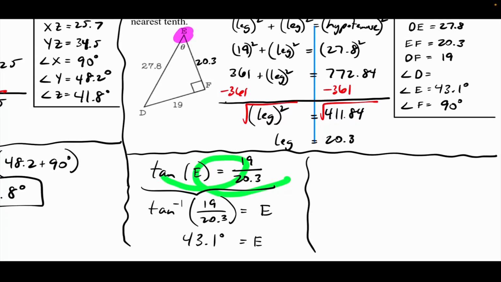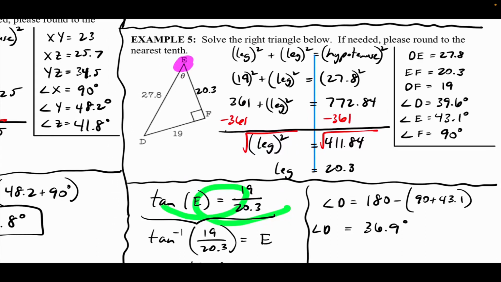Last part. You can do sine, cosine. You can do this again. Or you can just see, since I know two of them, what's the third one got to be? Well, they all got to equal 180. So for angle D, it's got to be 180 minus the two that I have. I think it's going to be 46.9.